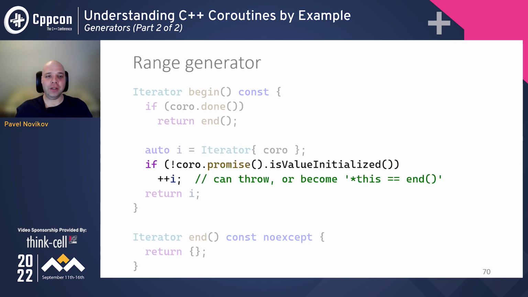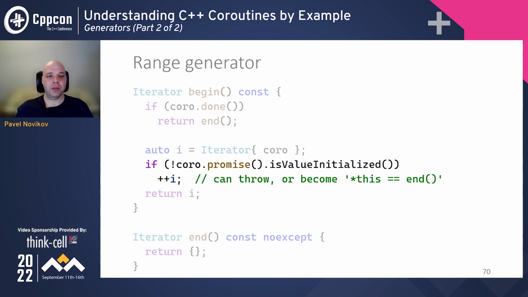We check if a value is initialized. So basically it says that if we are at the initial suspend point, then we need to resume the coroutine, so we get to a co_yield, or the coroutine can be finished, and at that point the iterator becomes equal to end.